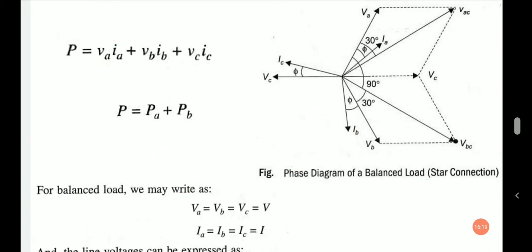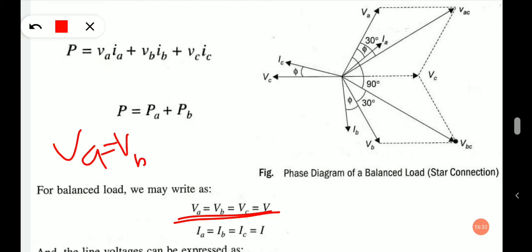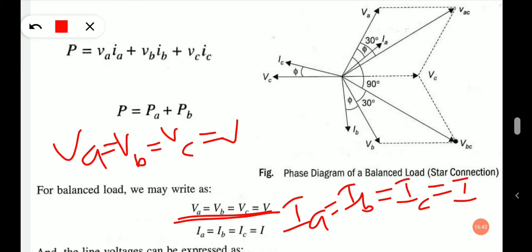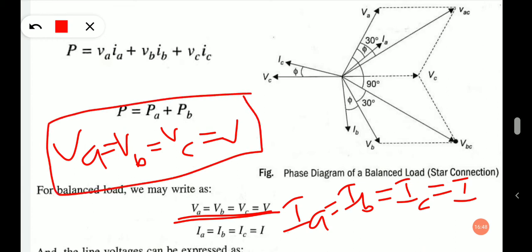So for balanced load, we can write VA equals VB equals VC equals V, and IA equals IB equals IC equals I. We know that for balanced load, the voltages of three phases are equal in magnitude, and the current flowing through all three phases are equal in magnitude.